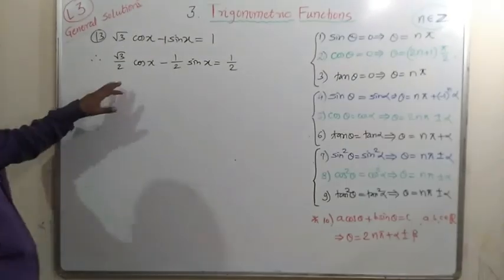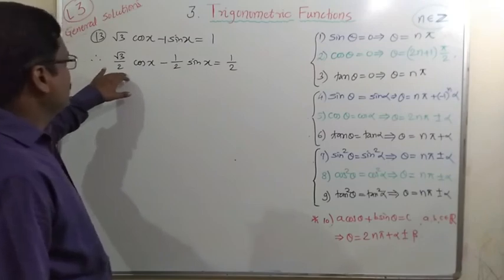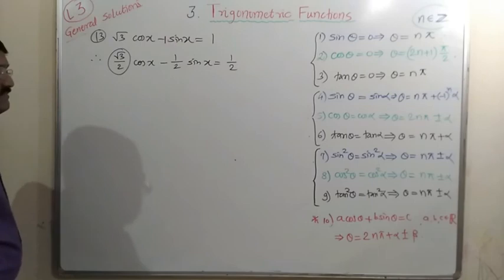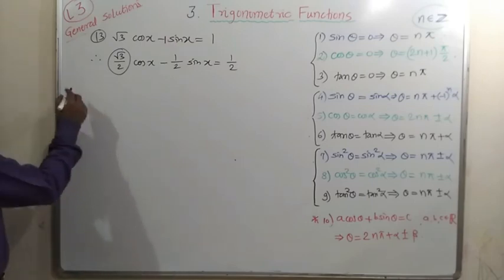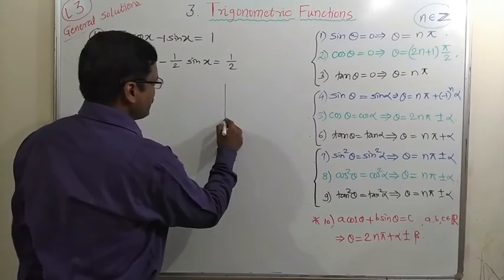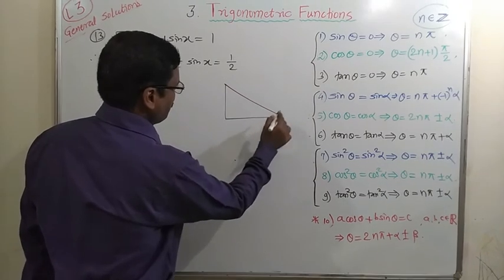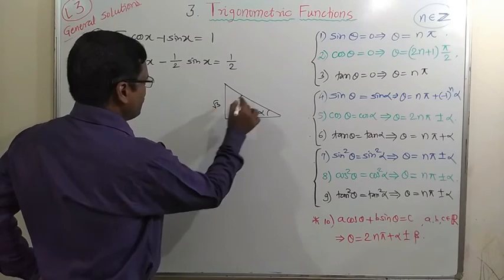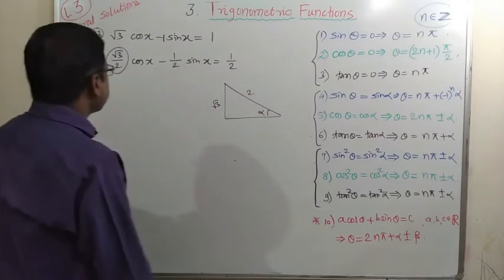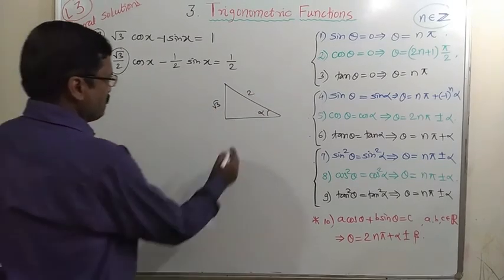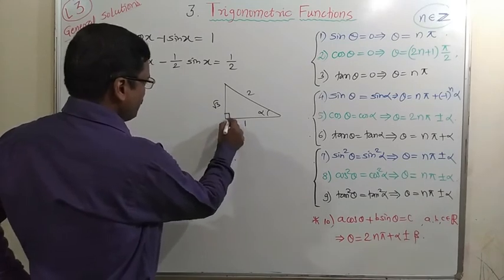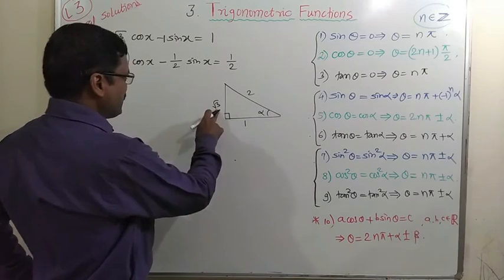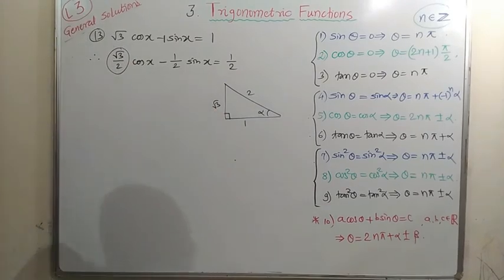So here, if you consider this root 3 upon 2 as sin alpha, then let us see a rough figure here. If this is alpha, then the opposite side will be root 3 and the hypotenuse 2. Obviously this side will be 1, because root of 4 square minus 3 is 1, so we get this side as 1.